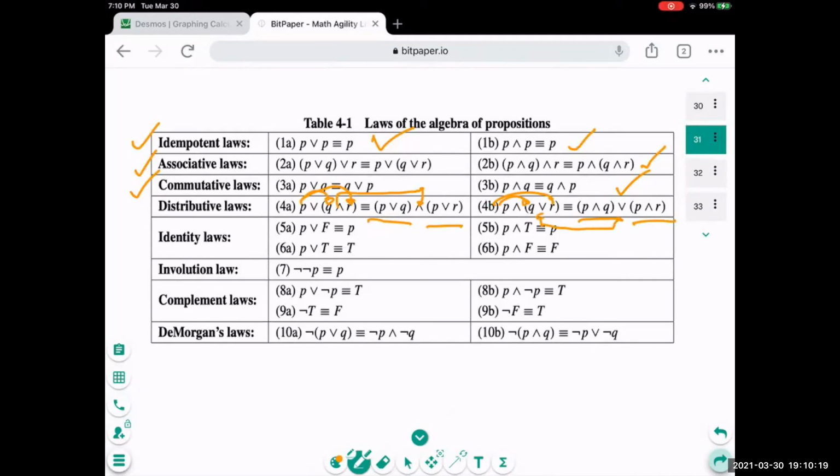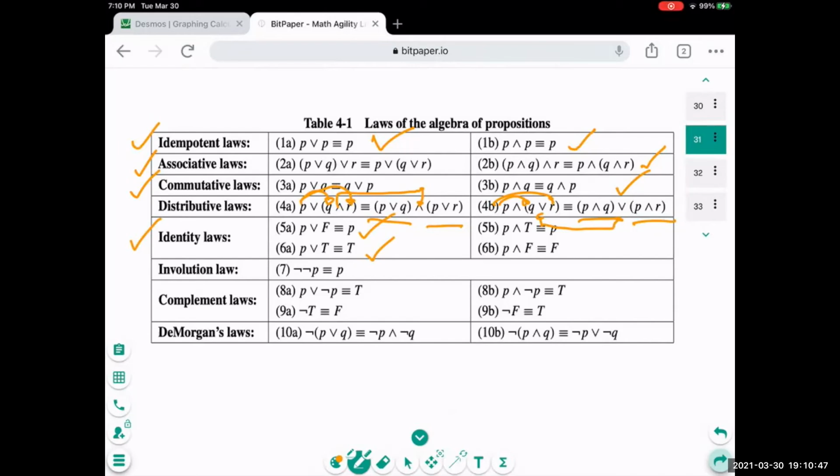And then let's go to identity laws. Pag yung P, kinuha mo yung OR ng F or yung disjunction ng F, of course, kung ano yung value ng P would remain, right? Ganun din sa true. Kung kinuha mo yung disjunction ng P sa any true value would still give you yung true, right?